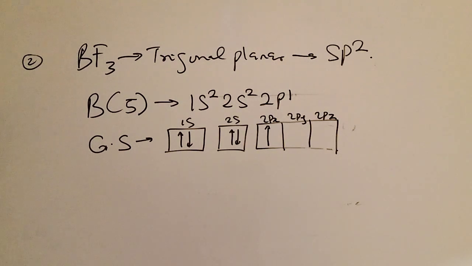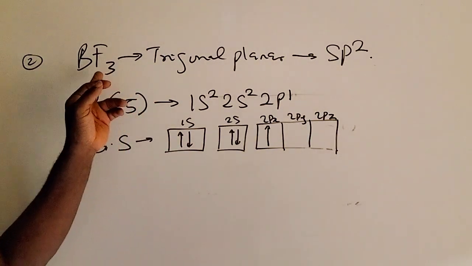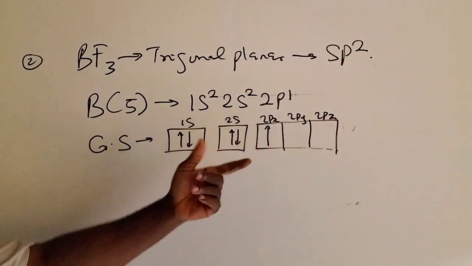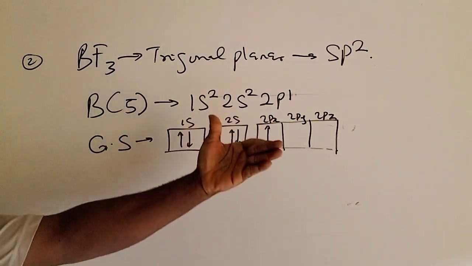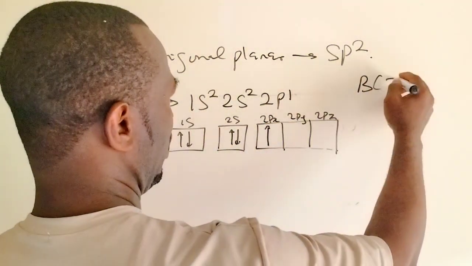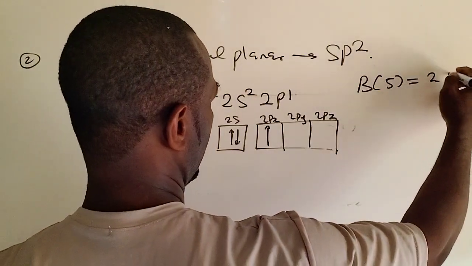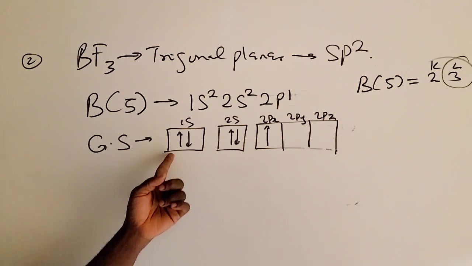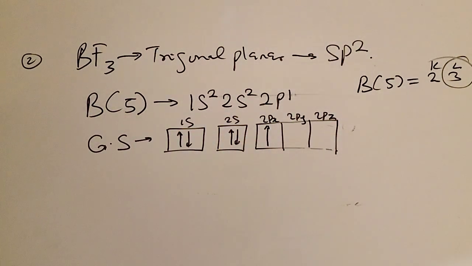But boron orbitals cannot be mixed with fluorine orbitals in this form because we need 3 fluorine electrons. And you know that boron is in group 3, with electronic configuration 2, 3. It normally has a valency of 3. So you should have 3 unpaired electrons before you start hybridizing.